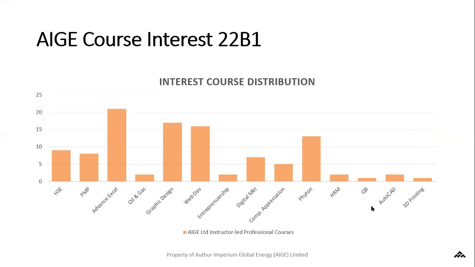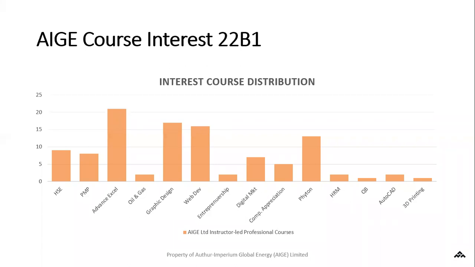We also have numbers for oil and gas too. You don't need a laptop. We also have numbers for advanced Excel, graphic design, web development, computer appreciation and Python, AutoCAD and 3D printing. These ones, you need a laptop to do them, either your own laptop or a borrowed laptop.